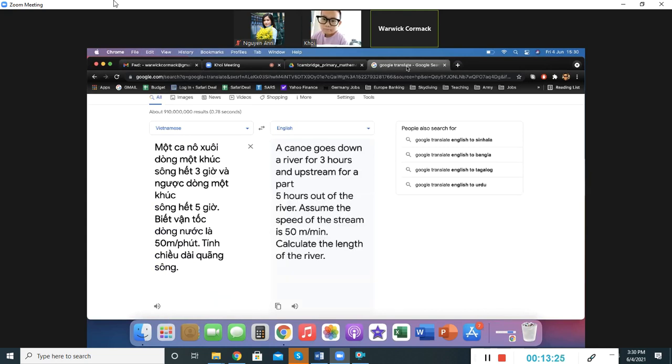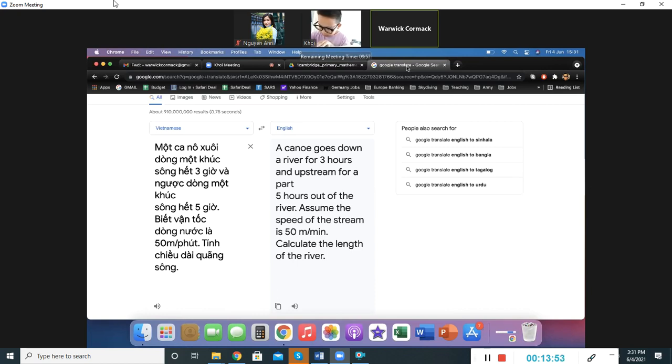So a canoe goes down a river for 3 hours and upstream for a part 5 hours out of the river. Assume the speed of the stream is 50 meters per minute. Calculate the length of the river.